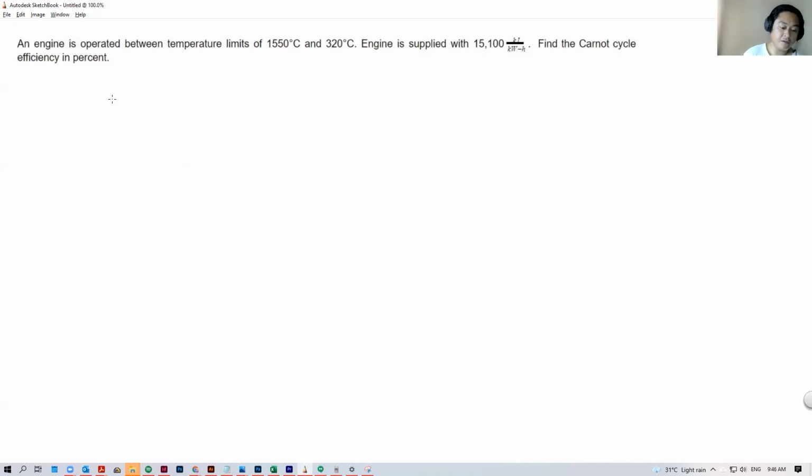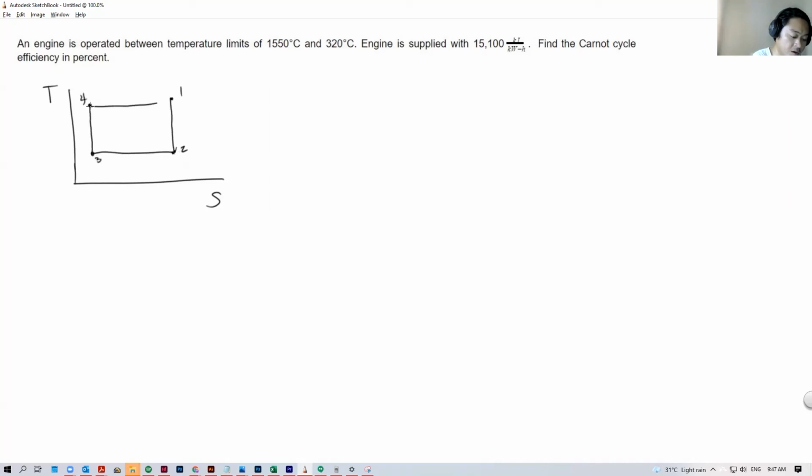But if you can recall the Carnot cycle TS diagram, let's say this is the TS diagram here. Say this is my point 1, and this is my point 2 here. It goes from this one, and it goes here. This is point 3. It goes here. This is point 4. So this is basically the TS diagram of the Carnot cycle, and QA is added here, and heat is released here.